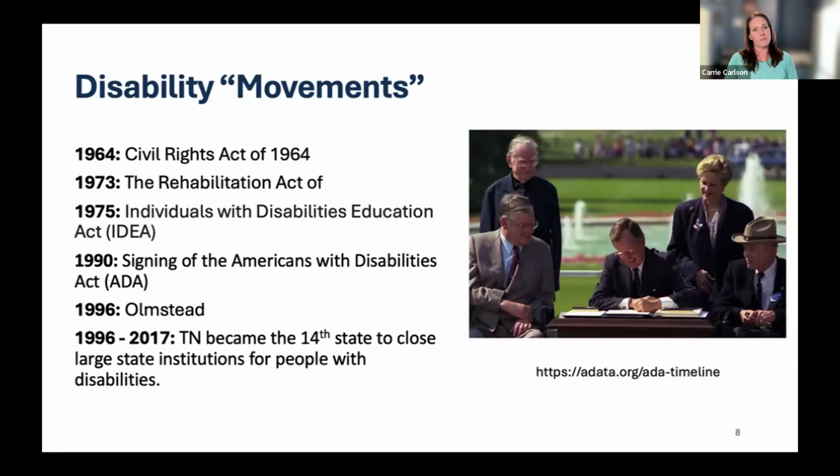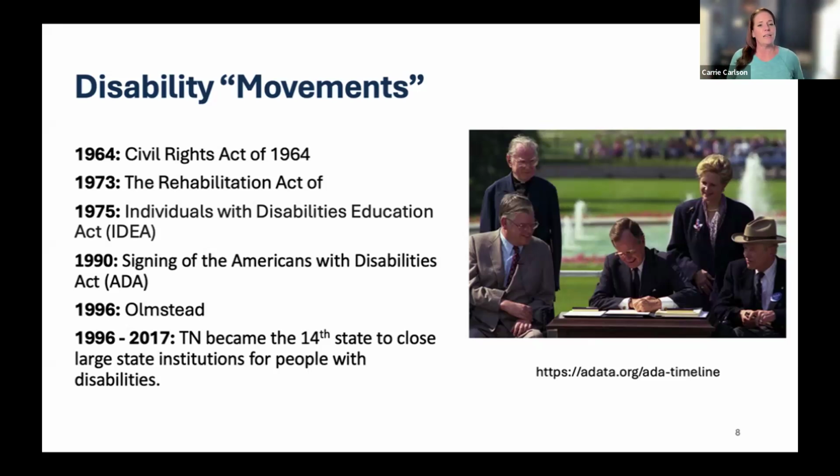And then in 1973, we have the Rehabilitation Act. In 1975, the Individuals with Disabilities Education Act. I know a lot of us know that as IDEA. And then in 1990, the signing of the Americans with Disabilities Act. 1996 is Olmstead.